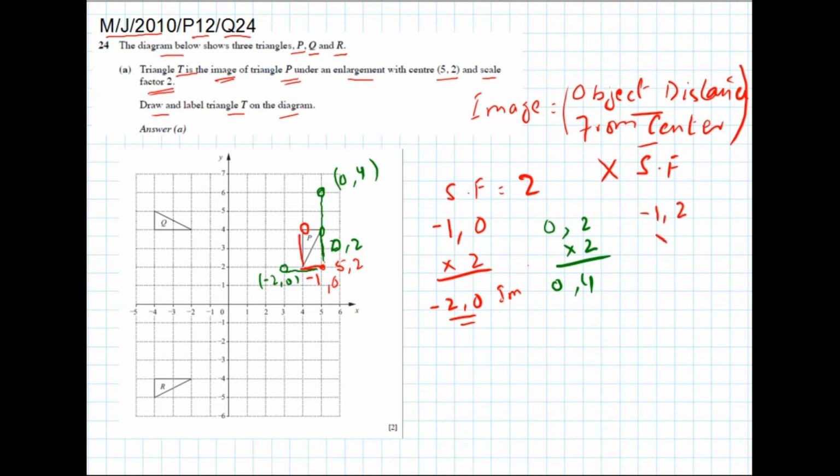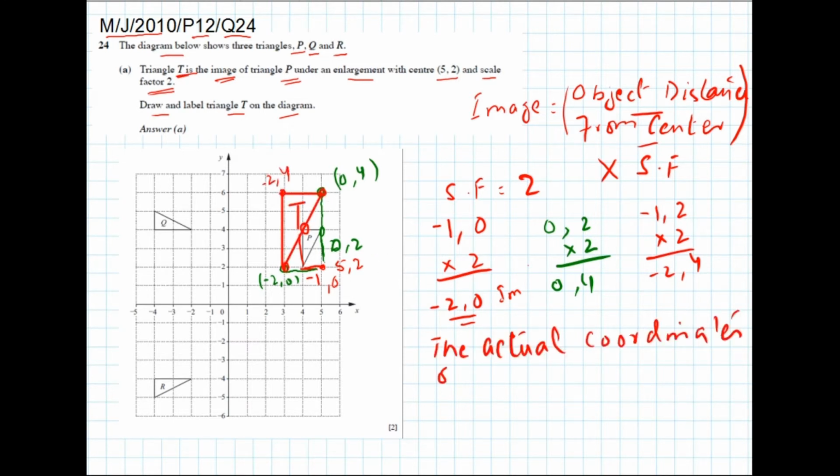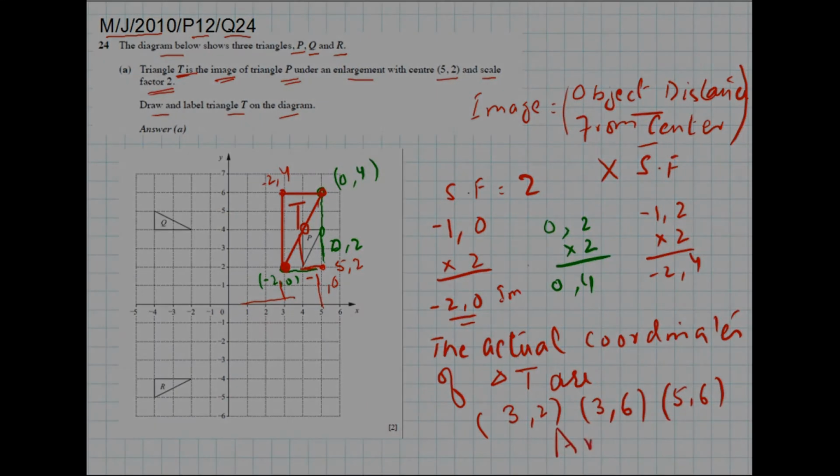After multiplying with scale factor 2, we get its relevant image distance, which is equal to -2, 4, plotted as shown. Now joining the 3 points, we get the required triangle T. So the coordinates of image triangle T from center are 3, 2, 3, 6 and 5, 6.